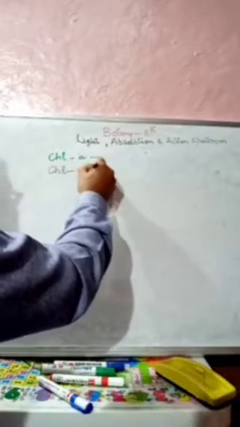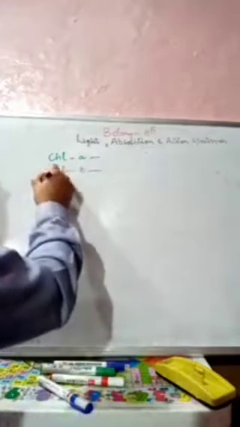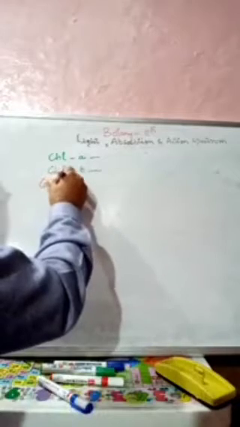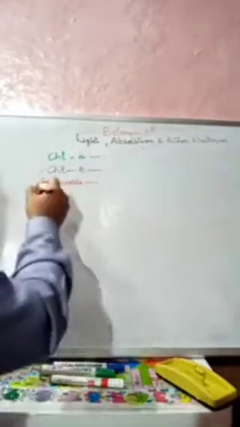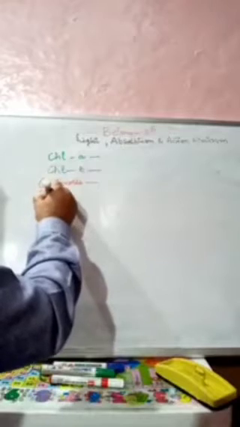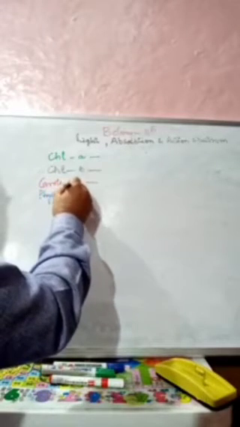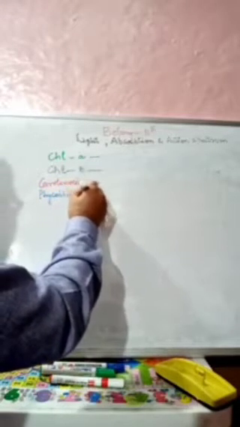Then we have carotenoids, let it be with red color. Then we have phycobilins, let it be with blue color. Now draw the graph.